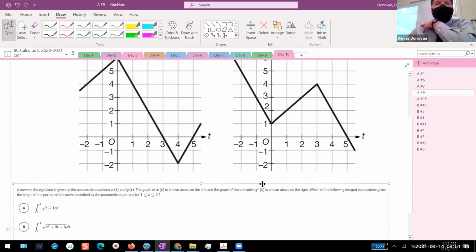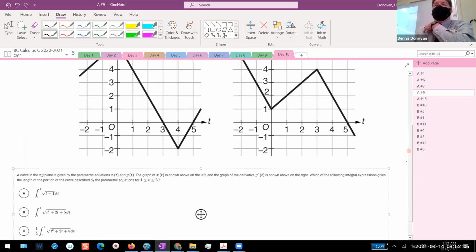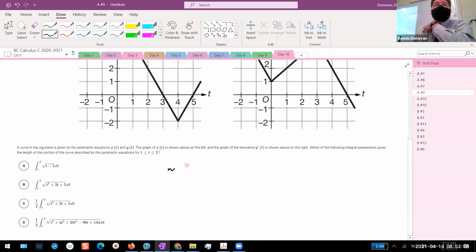All right, so for 1 to 3, x of t is a line. What line is it? Well, its y-intercept is 6, and its slope looks like -2. So on 1 to 3, x of t is equal to -2t plus 6.